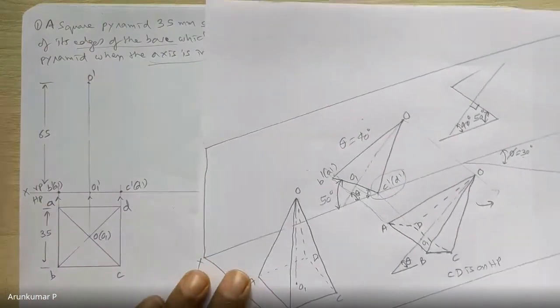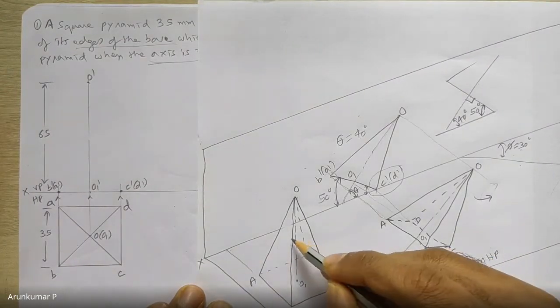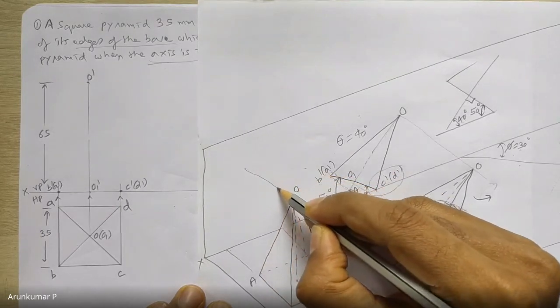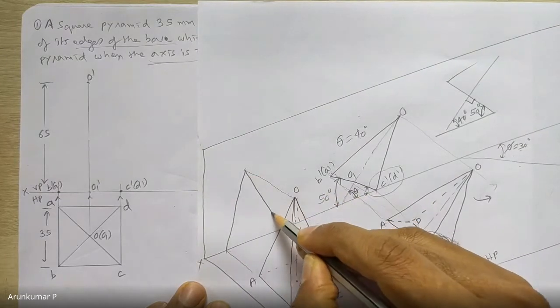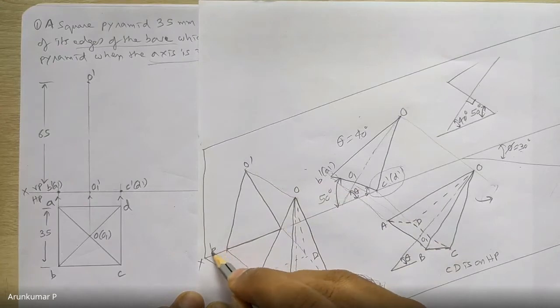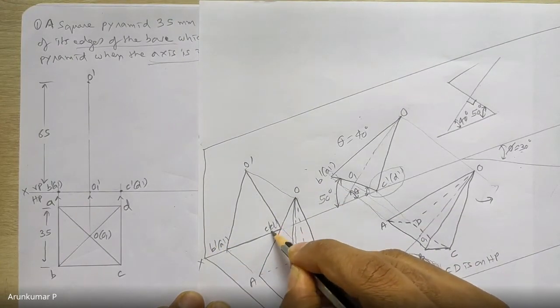And you will get the same thing if you draw the front view. You would be getting the same thing here. No change. This would be O dash. This would be B dash, A dash. This would be C dash, D dash.